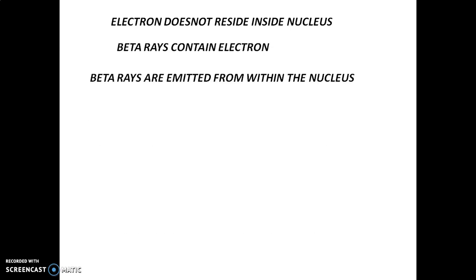And then electron doesn't reside inside the nucleus. This we are confirmed now. But then beta rays contain electrons, and beta rays are emitted from the nucleus. The fact remains that, look at this second point, beta rays contain electrons, beta rays are emitted from the nucleus. That means electrons are emitted from inside the nucleus. But then electron does not reside inside the nucleus.